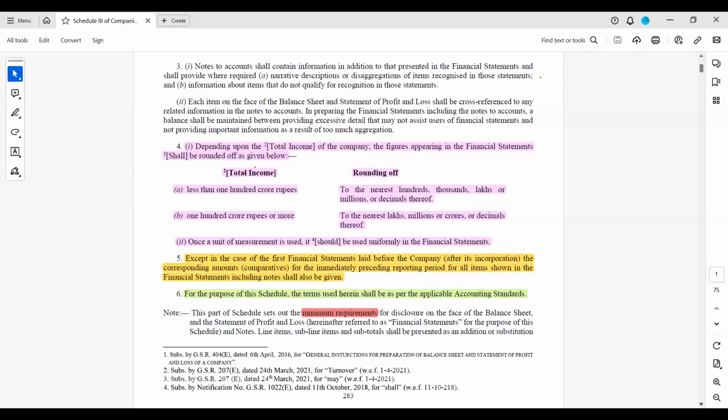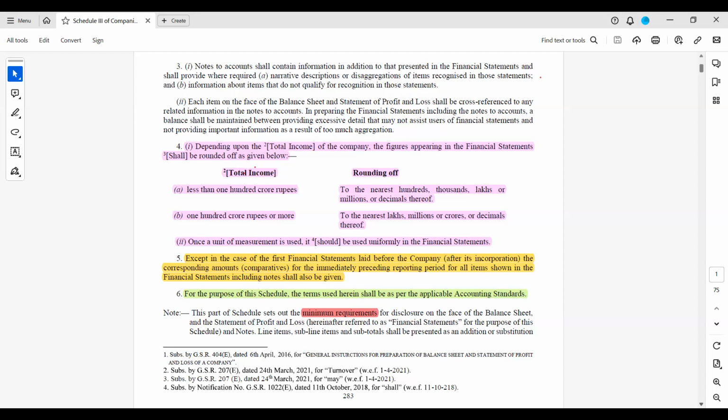See, less than 100 crore rupees to the nearest hundreds, thousands, lakhs or millions or decimals thereof. 100 crore rupees or more to the nearest lakhs, millions or crores or decimals thereof. Once a unit of measurement is used, it should be used uniformly in the financial statements.